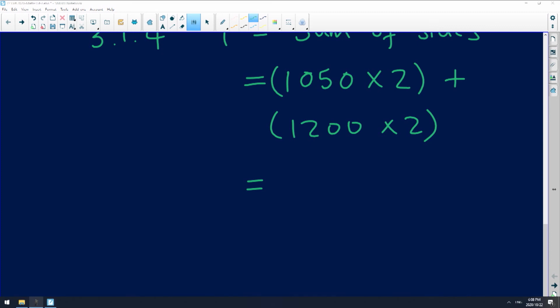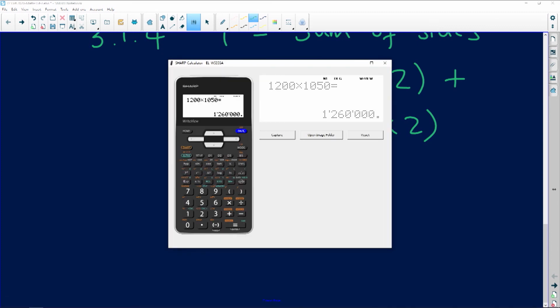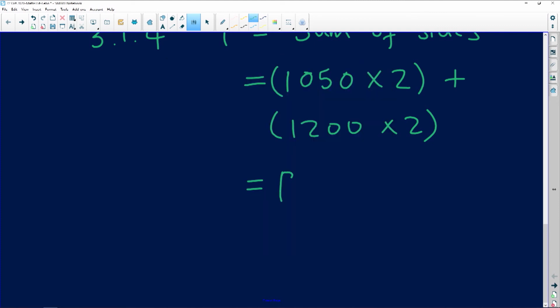I'm using a shortcut there. I'm going to put it in brackets: (1,050 times 2) plus (1,200 times 2). That is 4,500. Ooh, I almost made that rands. So I'm going to need 4,500 millimeters worth of rubber.